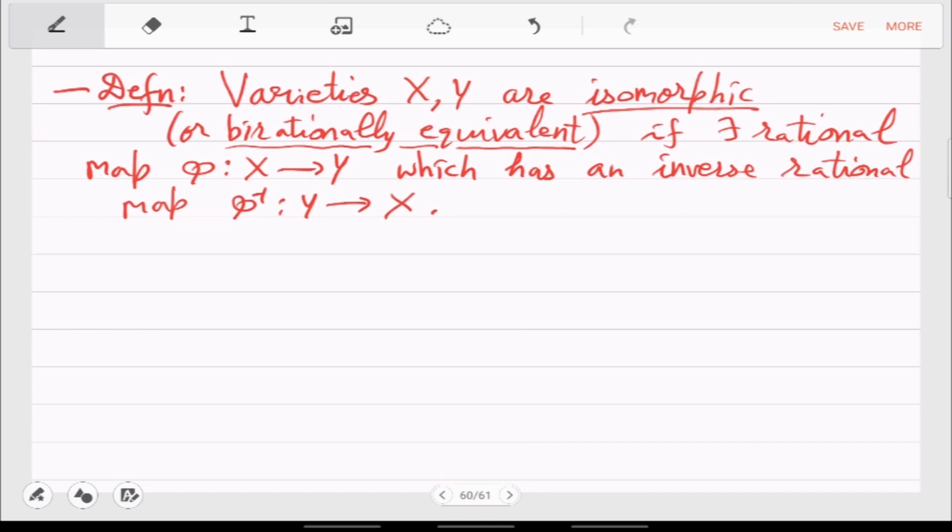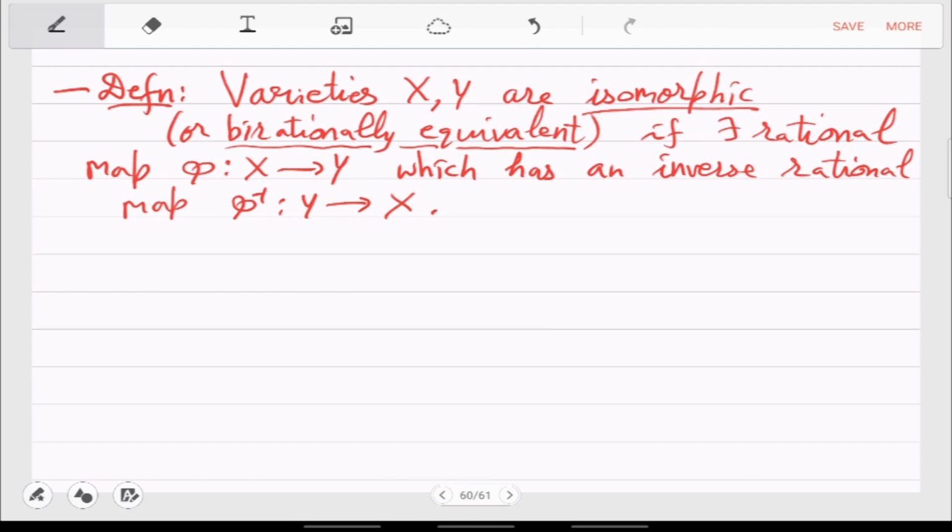Remember that the way we had defined rational map, it may not hold everywhere, right? You only needed this to hold somewhere on some open patch. So you have to read this with that understanding. For all you know, phi is not even defined on the domain X. It's only defined on a patch.